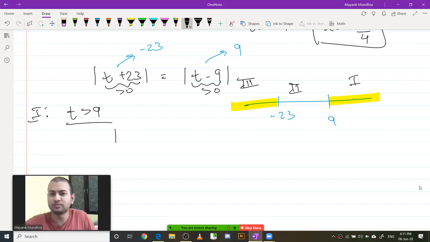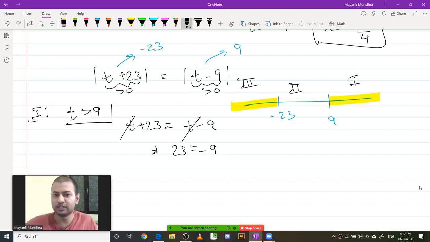Both become positive, so you can just remove the modulus directly. You get the equality t plus 23 equals t minus 9. Cancel out the t, which implies 23 equals minus 9, which is a falsity or a contradiction. So this can never happen. This equation can never be satisfied for this region.